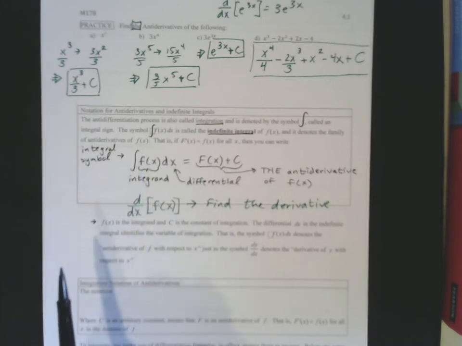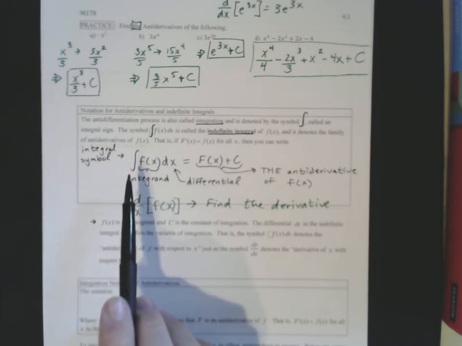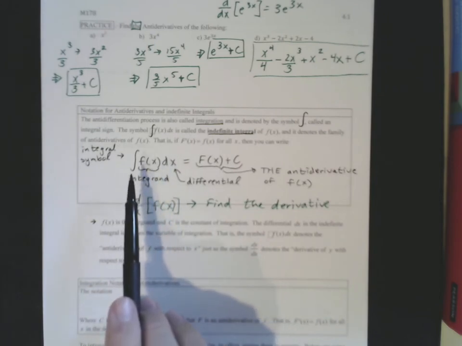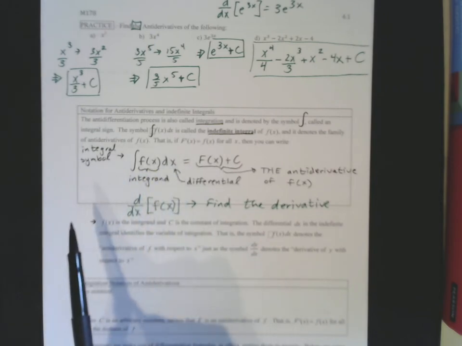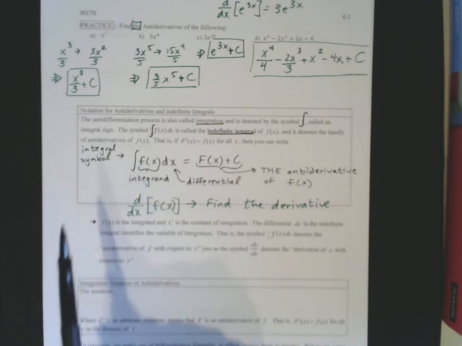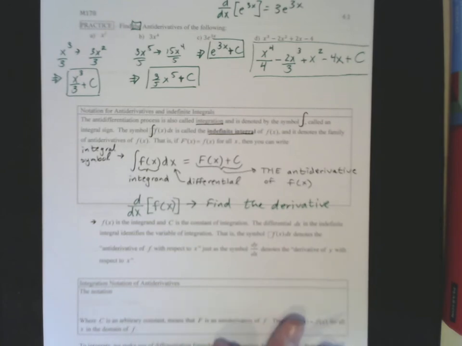So you can evaluate an integral to get your antiderivative, but we never call this symbol the antiderivative. This is kind of the symbol, just like multiplication, division. It's not the actual answer, it's the operation that it's telling us to find.